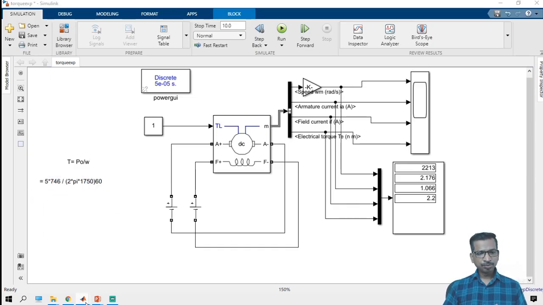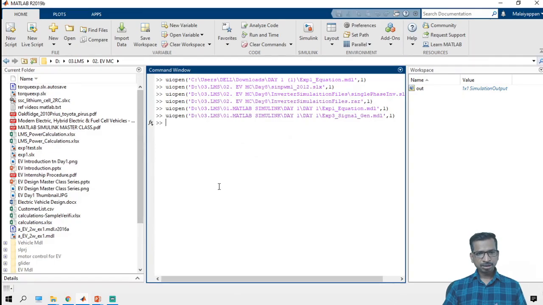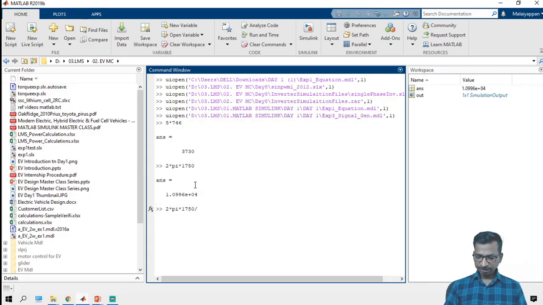So now just open MATLAB and 5 into 746. So there is 3730, and similarly 2 pi n, 2 into pi into n, 1750, divided by 60.